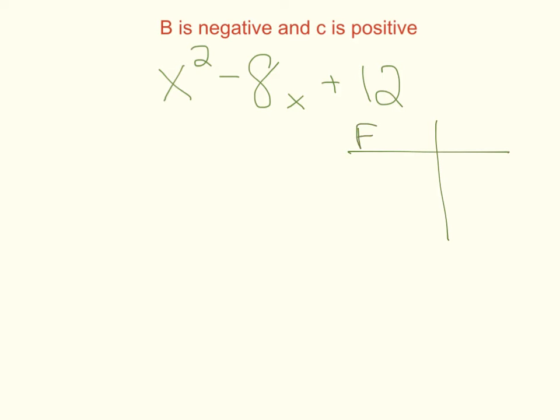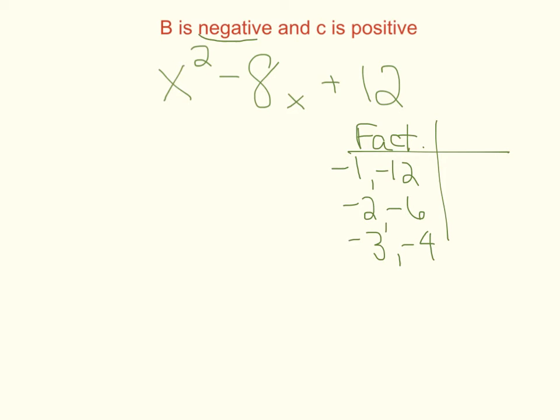Since the c is positive and you need one to be negative, the factors could be negative 1, negative 12, negative 2, negative 6, or negative 3, negative 4. The reason I'm doing negatives is because one of my numbers has got to be negative.